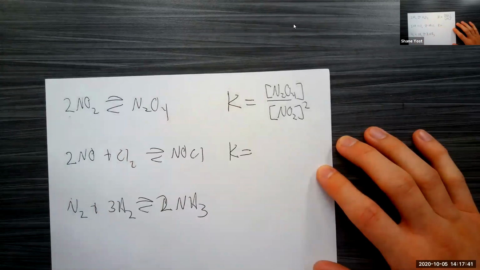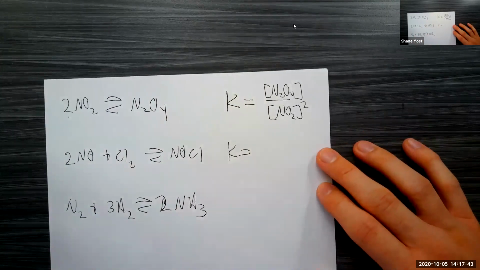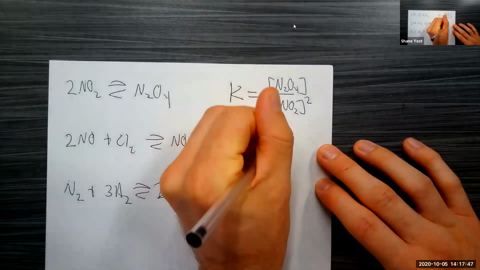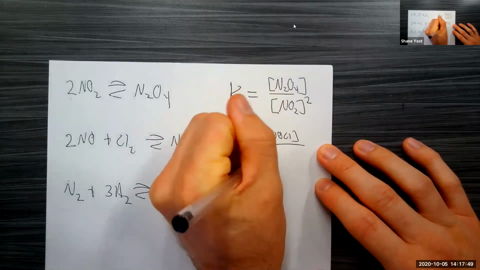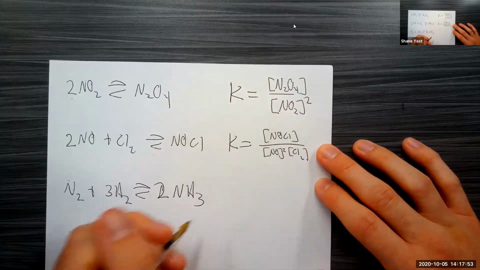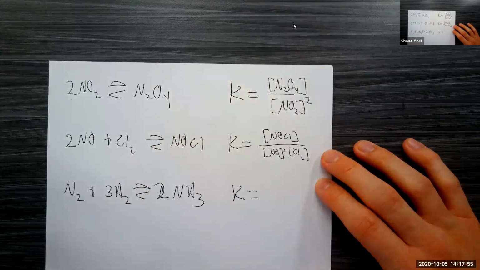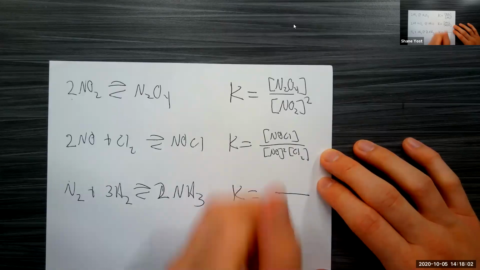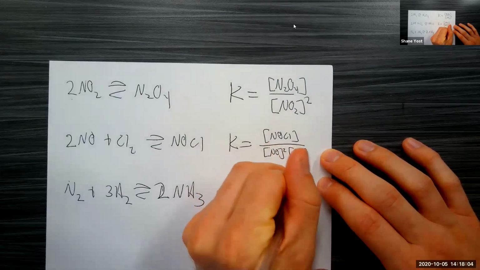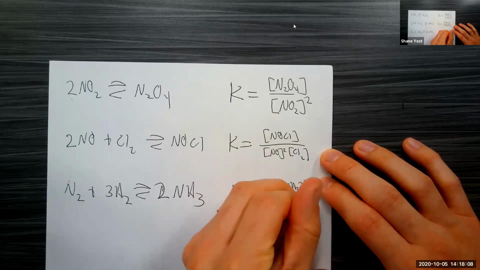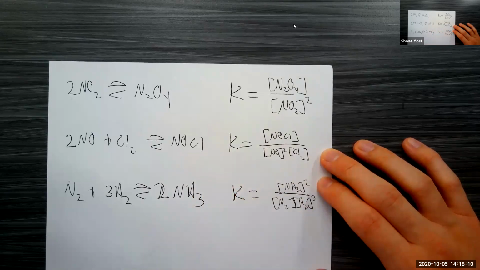What about the second one? O squared, Cl2. And the final equilibrium constant? Yep.